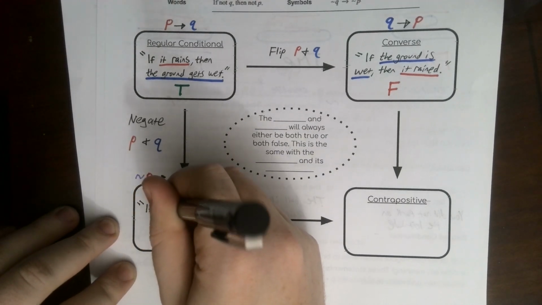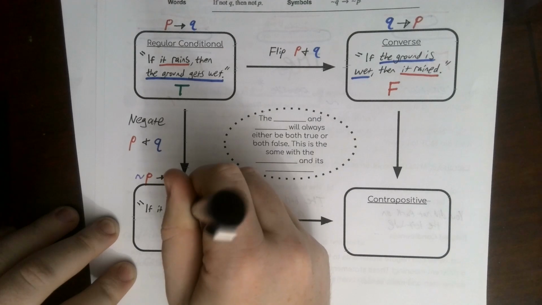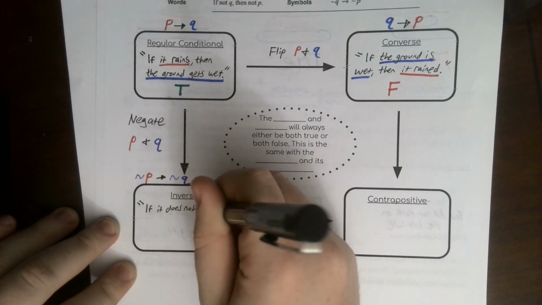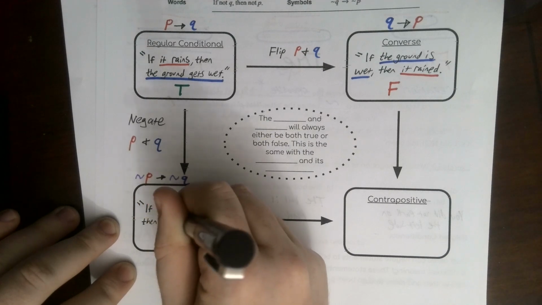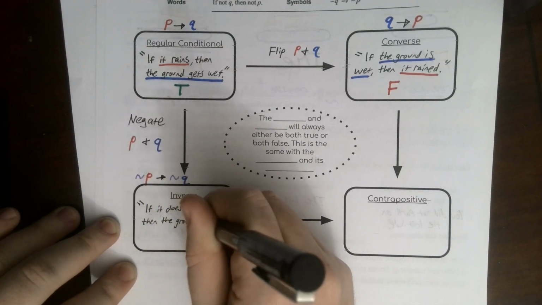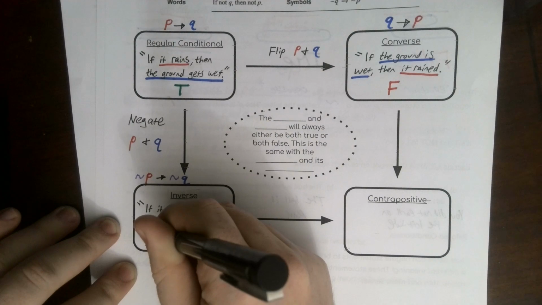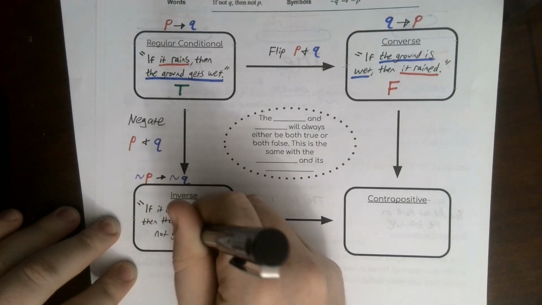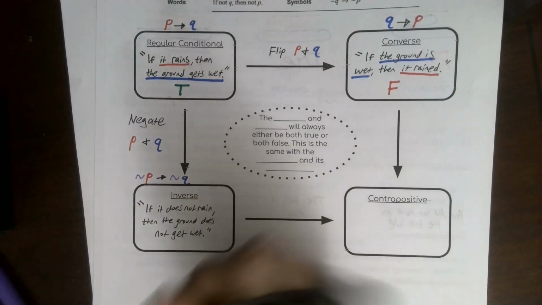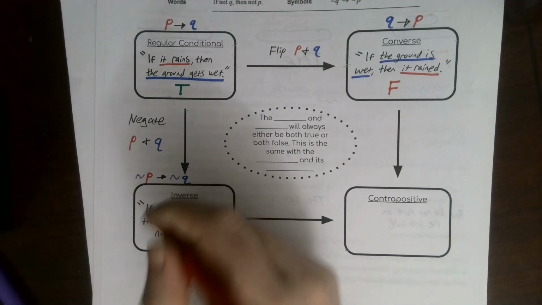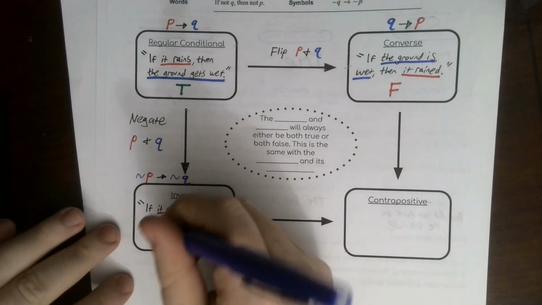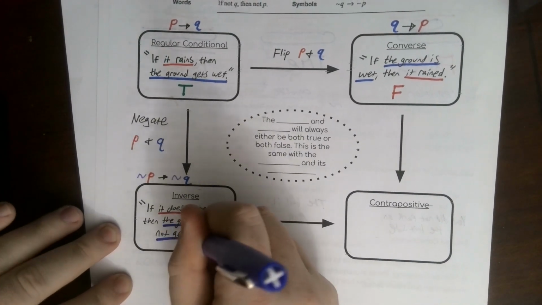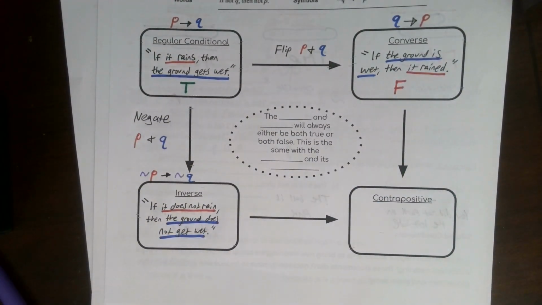If it does not rain, then the ground does not get wet. Again, our hypothesis is first, our conclusion is second, unlike with the converse where we flipped it.